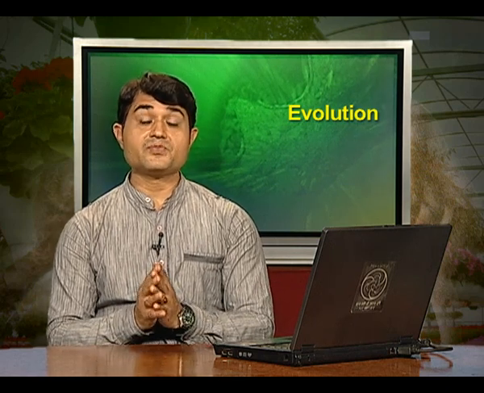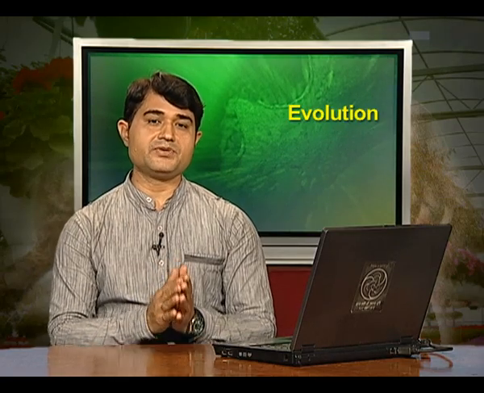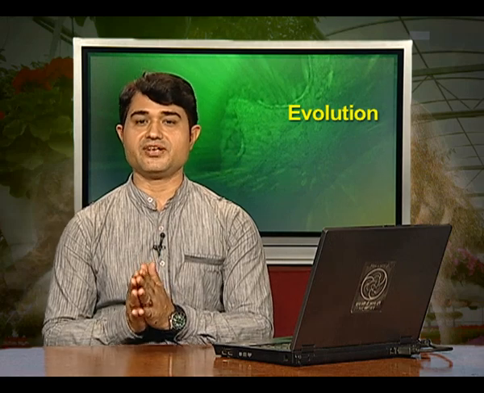This would happen within days. For the same thing to happen in a fish or fowl would take millions of years, as the lifespans of these animals are in years. Here we say that the fitness of B is better than the fitness of A under new conditions.